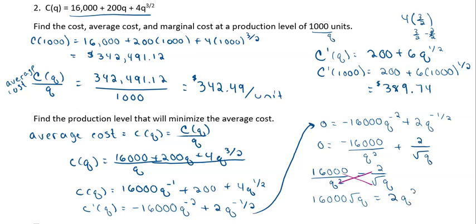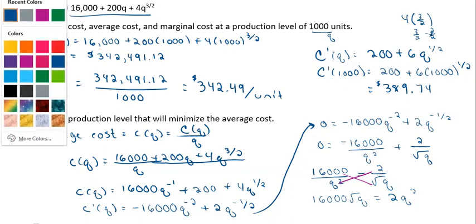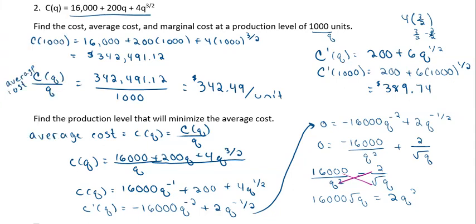And then we're trying to get Q by itself. Let me get rid of the 2 first, and then I'll do the square root of Q. So if we divide both sides by 2, we'll have 8,000 times the square root of Q is equal to Q squared. I need to have the Q's all on the same side.